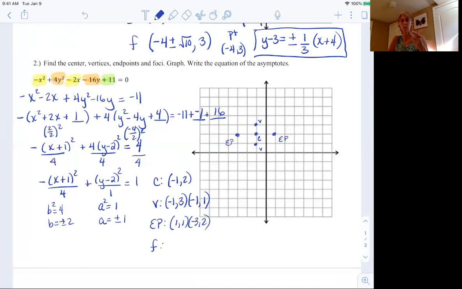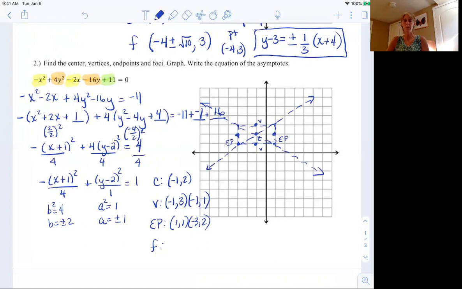Rectangle, asymptotes, curve. Rectangle, asymptotes. I know the asymptotes are a little tricky, just make the best you can do. My asymptotes are going to be going through my corners of the rectangle.